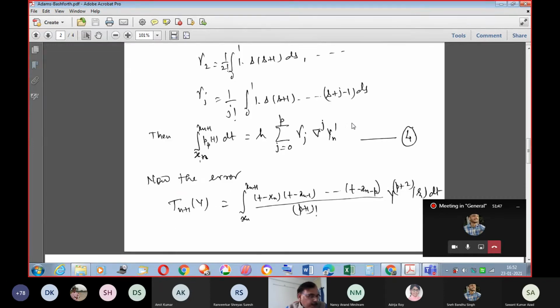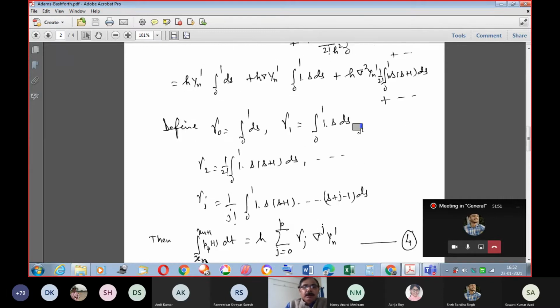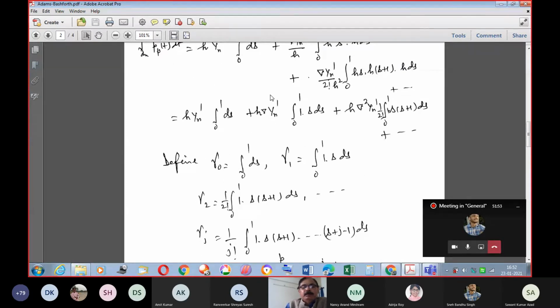So this is there. Now, if you take the next term also, that is p equal to 1. First term you have already seen, gamma naught yn prime. What will be the second term? Second term will be half h into half h, and then backward operator del yn prime.